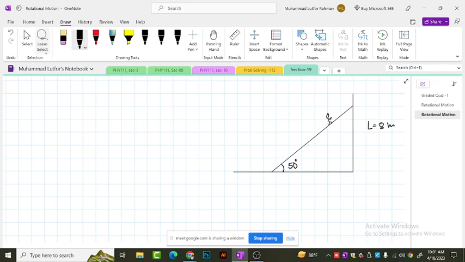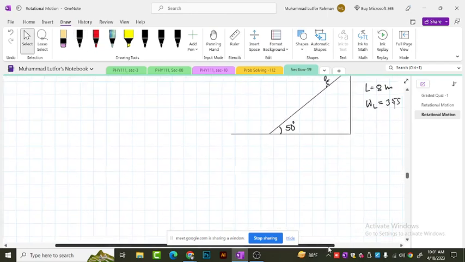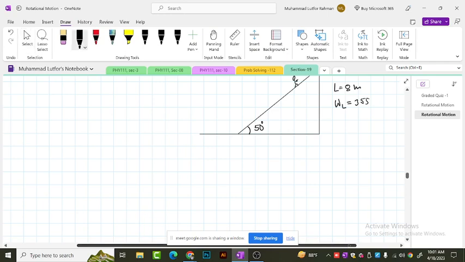The weight of this ladder, I'm writing WL, is 355 Newton.